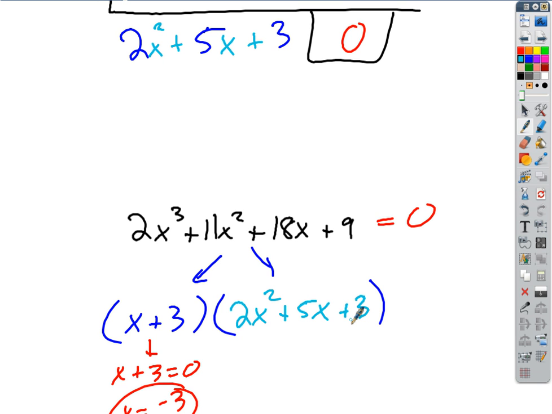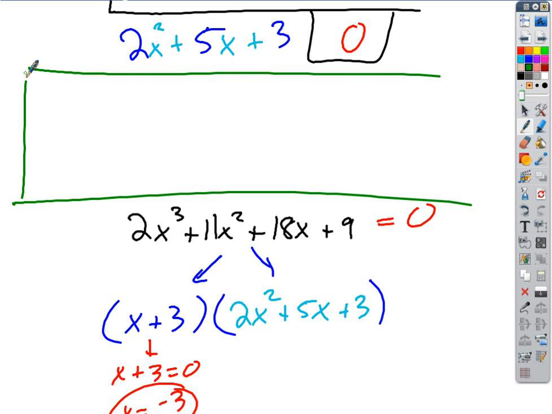Because, think of it this way. I'm just going to work inside this green box, so that's separate.